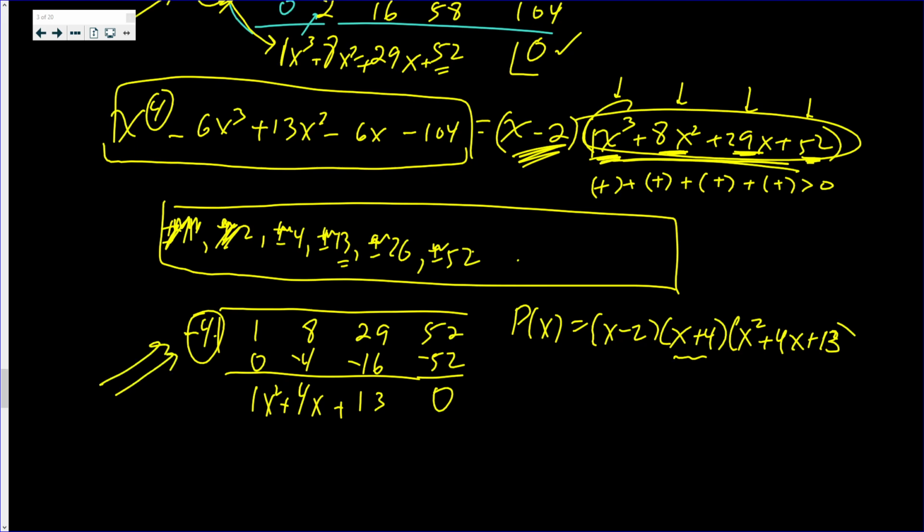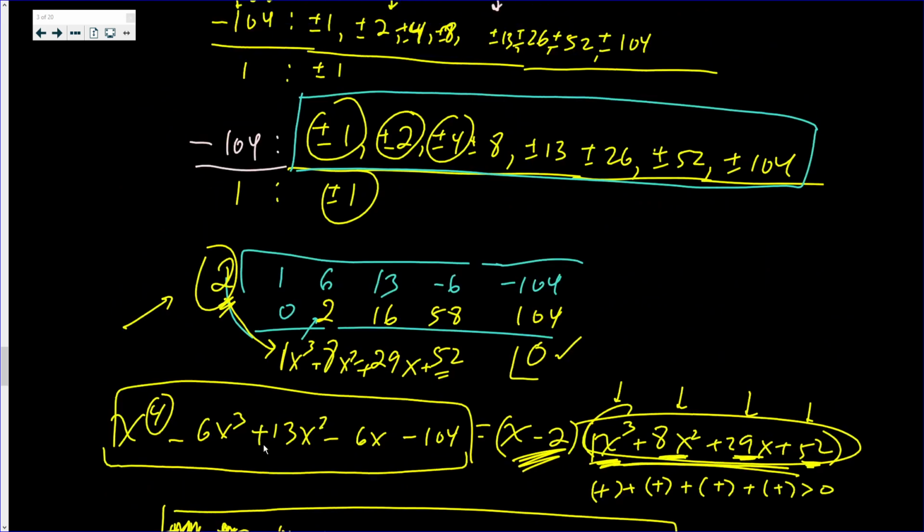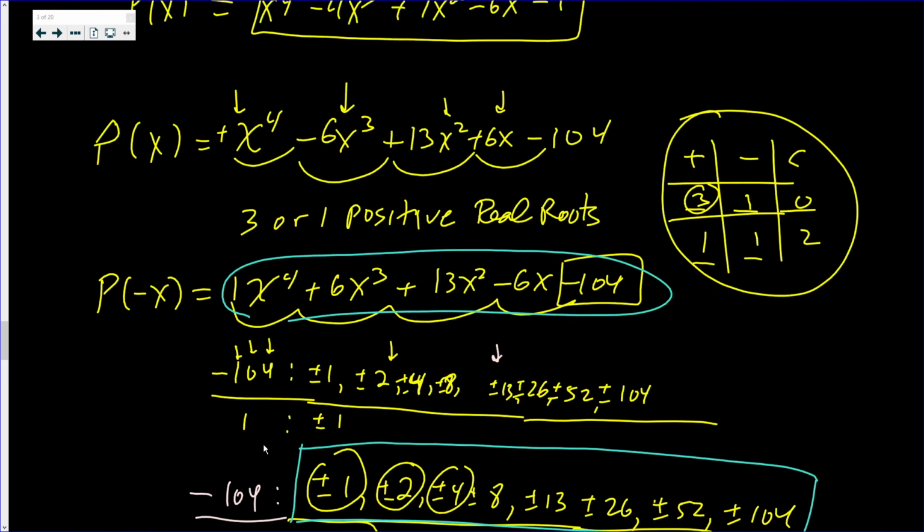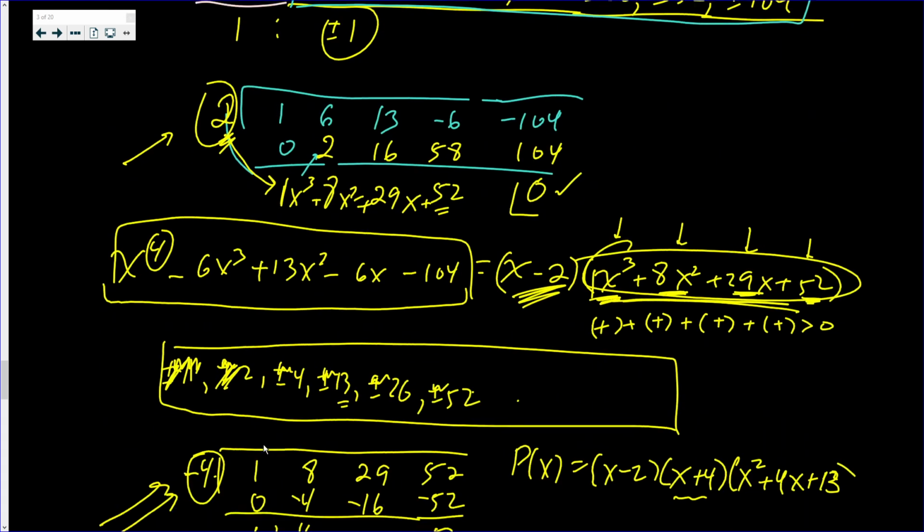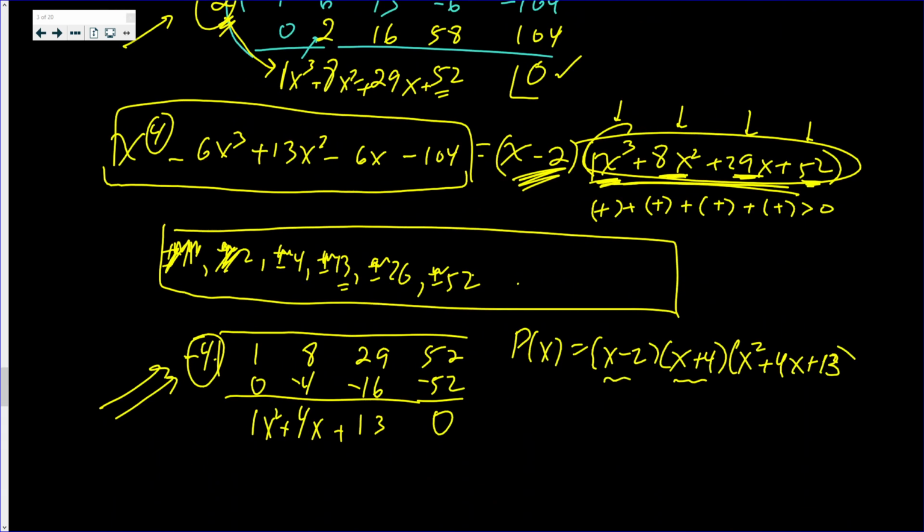We found -4. Okay, so we found the 1. So either there's going to be 3 positive real roots or just 1. Well, we found 1, 2. So we can use the quadratic formula to figure out what the other 2 roots are.